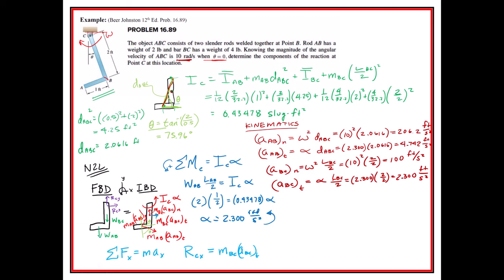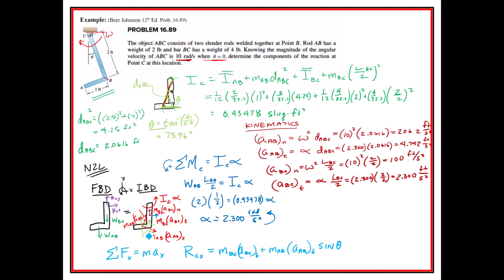So it's in a positive x direction, so that's going to be MAB times the acceleration of AB tangential, but it's going to be the sine of theta, right?